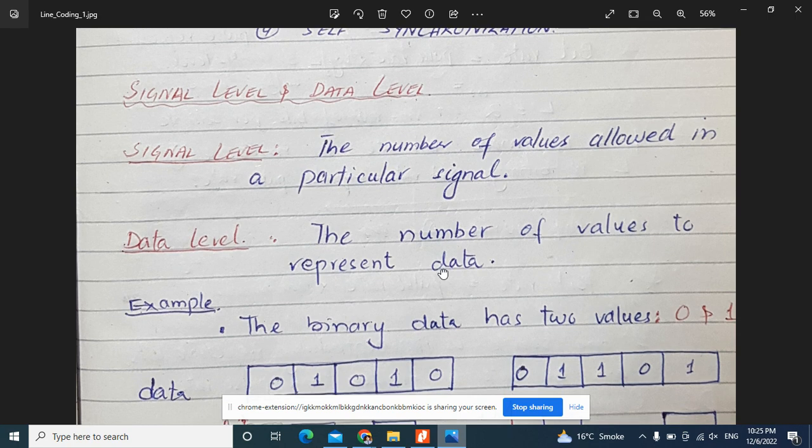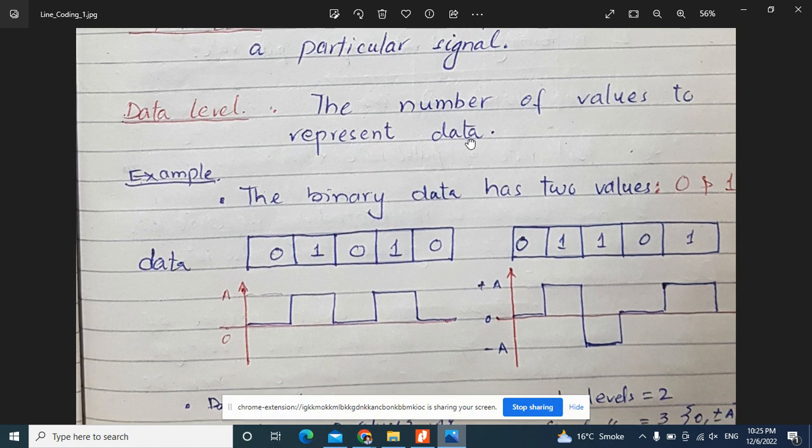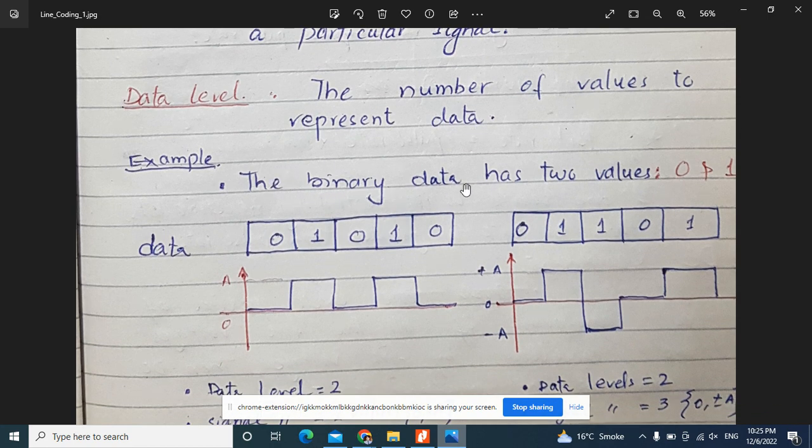To explain signal level and data level with an example, the binary data has two levels, usually either 0 or 1. Say the data is 0 1 0 1 0, and you write the signal level for each data bit. For 0 it is 0, for 1 it is amplitude A, for 0 it is 0, for 1 again amplitude A, and for 0 it is 0.